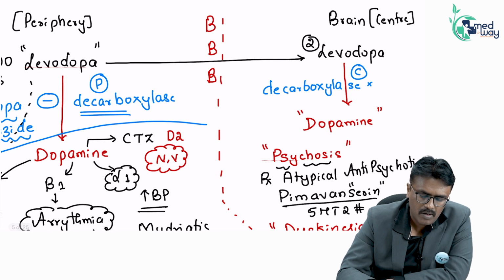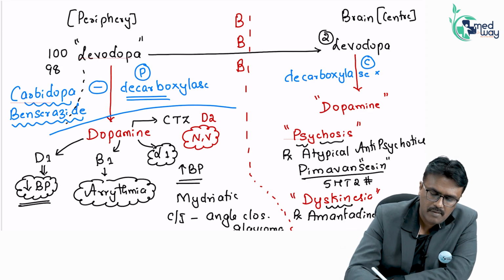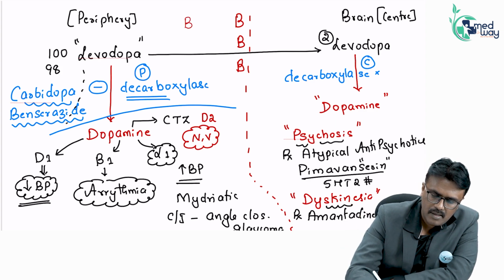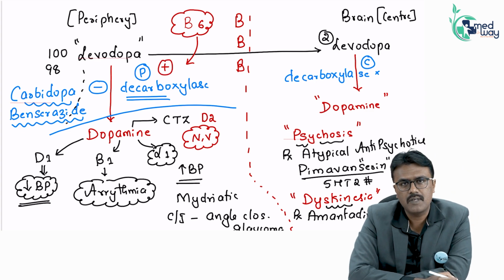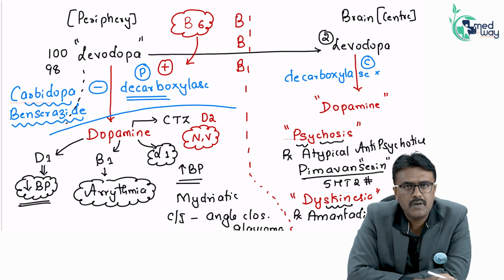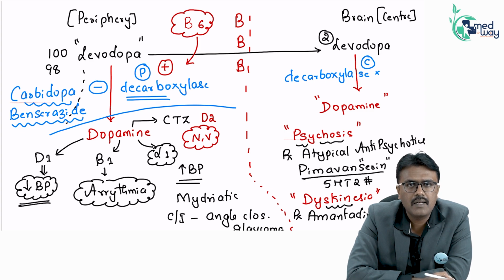Now, I want to add one more point here. There is a vitamin called vitamin B6, which is nothing but pyridoxine. Pyridoxine stimulates peripheral decarboxylase. Now, what happens if somebody takes levodopa and pyridoxine together? The efficacy of levodopa decreases because more levodopa becomes dopamine outside the brain. Usually, a patient will not take it like that.